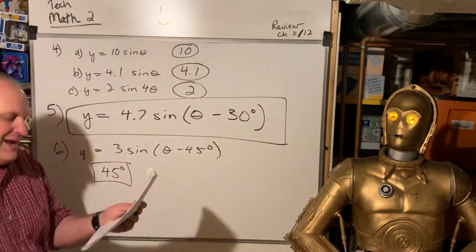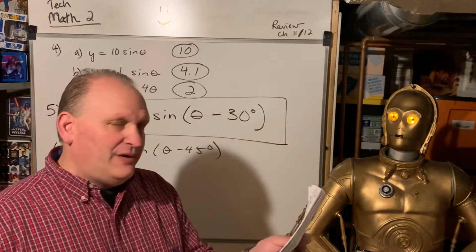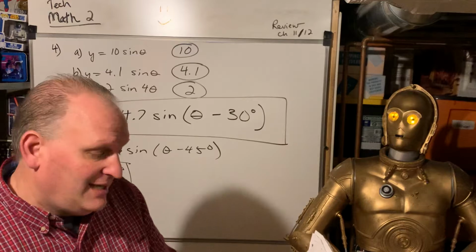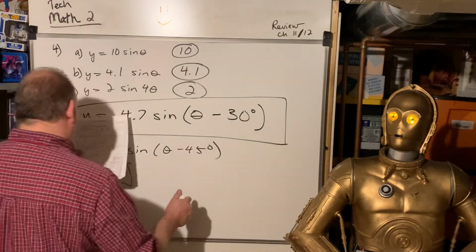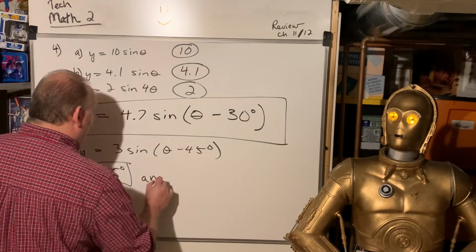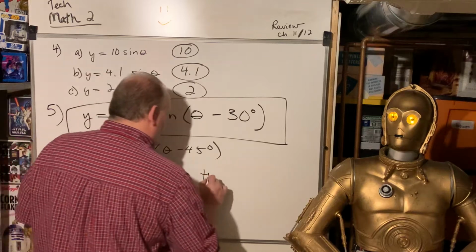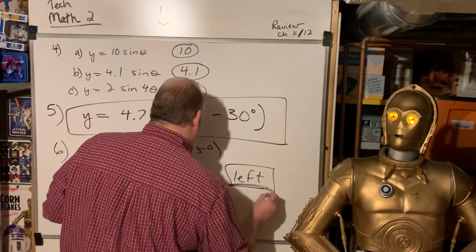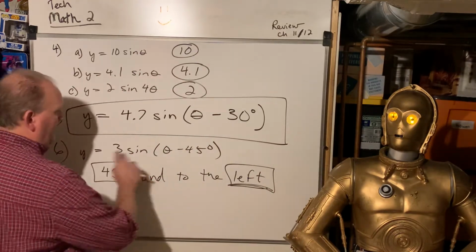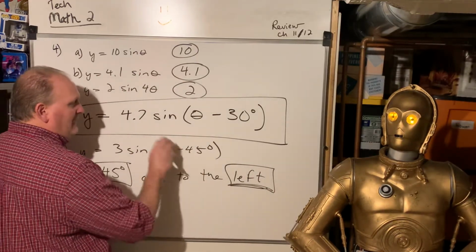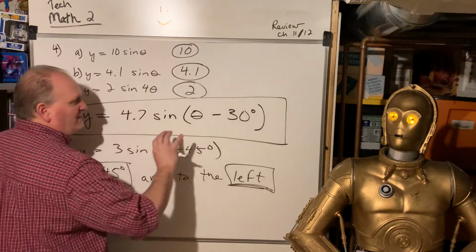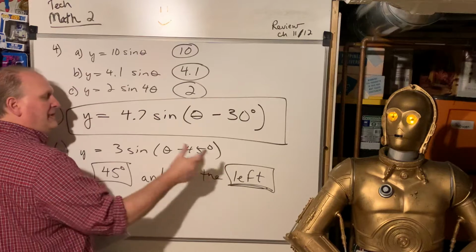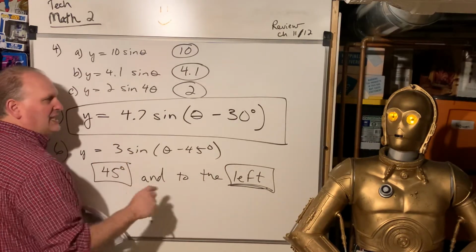But that's not what they're asking. They're asking, how would I put it back in phase with y equals sine theta? So it's actually 45 degrees and to the left. So left is the one that they're looking for there. Even though when I actually graph this, minus 45 takes the whole graph and shifts it to the right, they're asking, what do I have to do to this graph to make it look back like a regular sine wave?